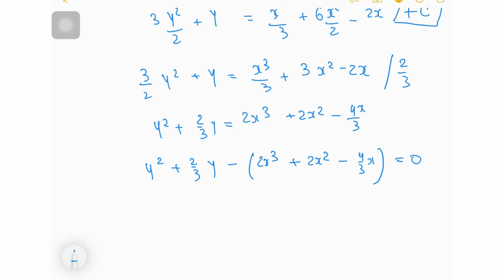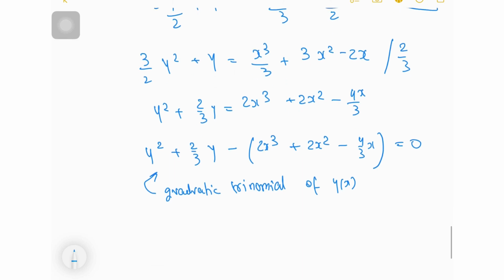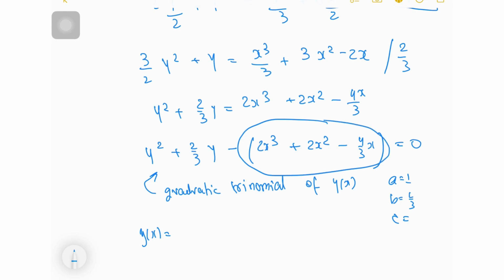As a very general form, this is a quadratic trinomial of y of x. So here we can write y of x equals, where a is 1, b is 2 over 3, and c is this whole cubic function basically of x.